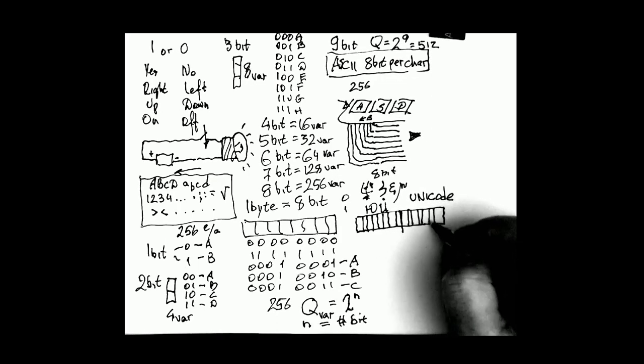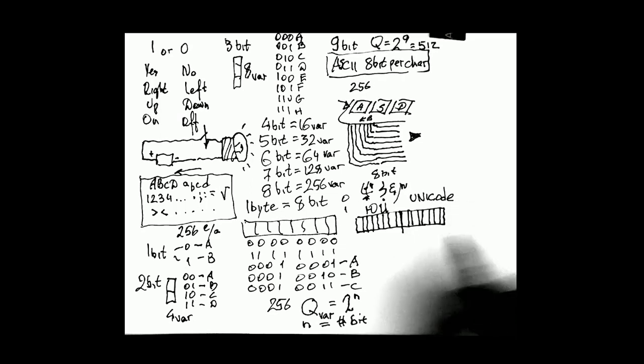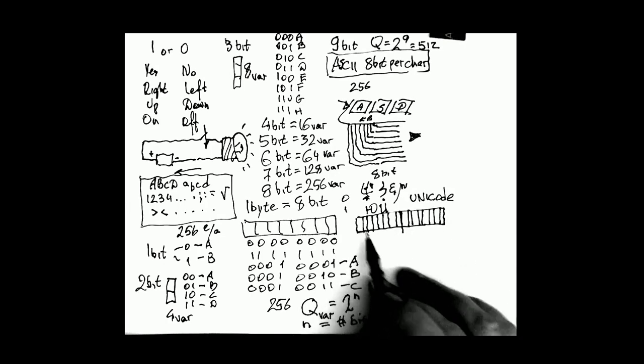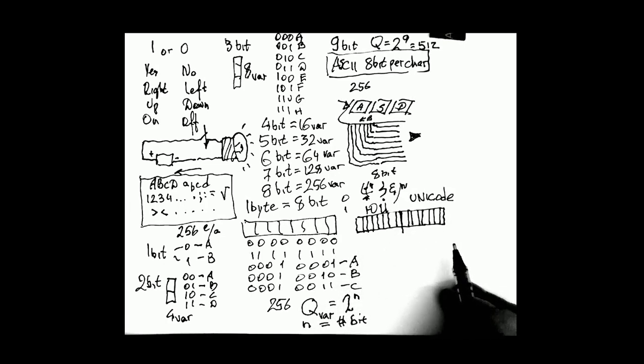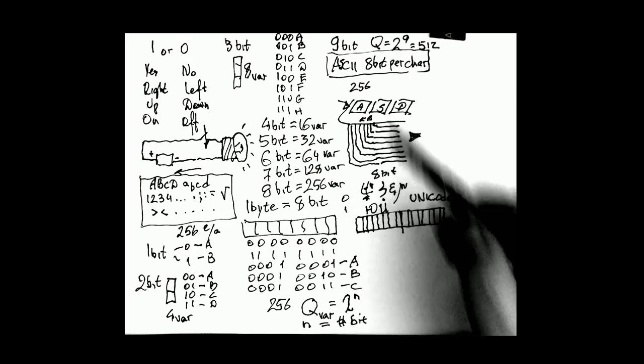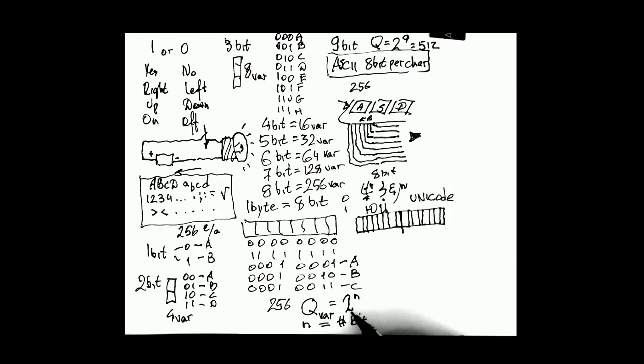Now we need to calculate. These are placeholders for binary digits. So now question, how many symbols can we represent with a 2-byte system of encoding? We have the formula. Q is equal to 2 in the power of n.